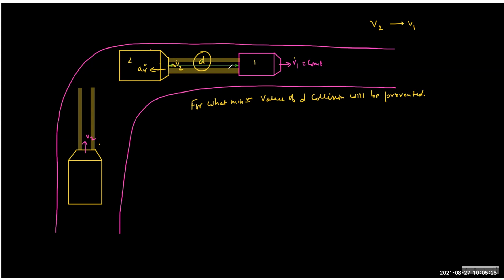There is no need to stop. If I slow down my car till I attain the same velocity as v1, I am saved, because if both velocities are the same, they will not hit. So the idea is that before you complete the distance d, you must attain this velocity. Car number 2 must slow down to the speed v1 before traveling d.